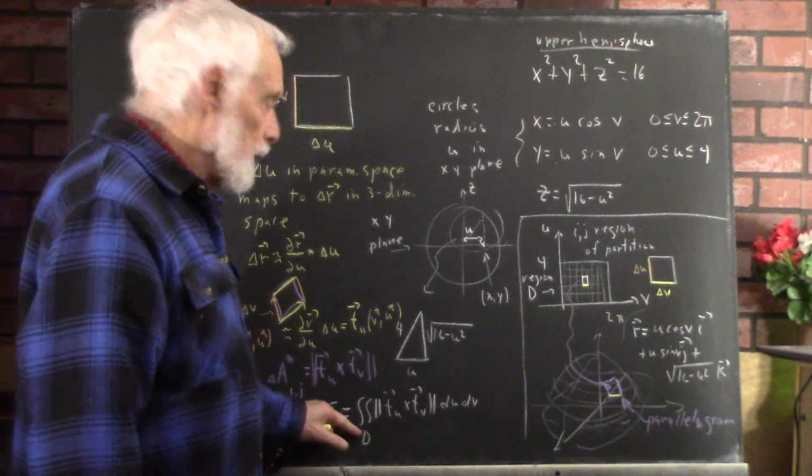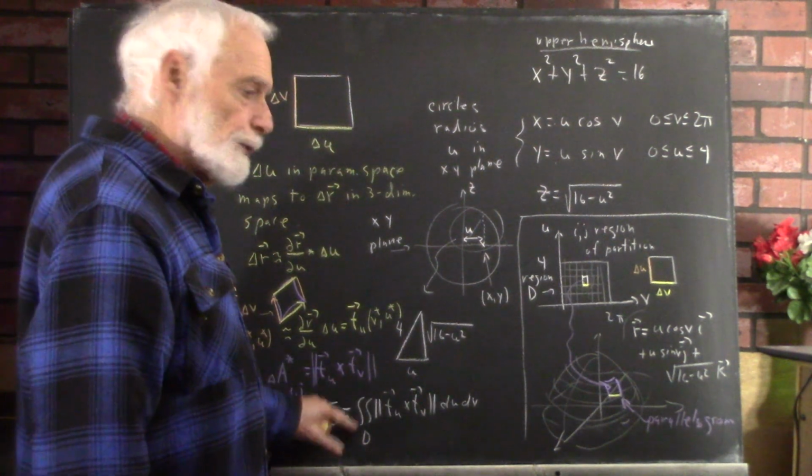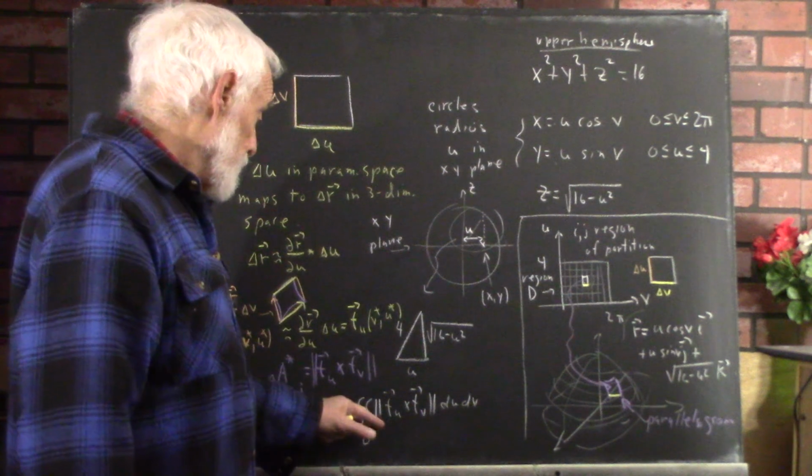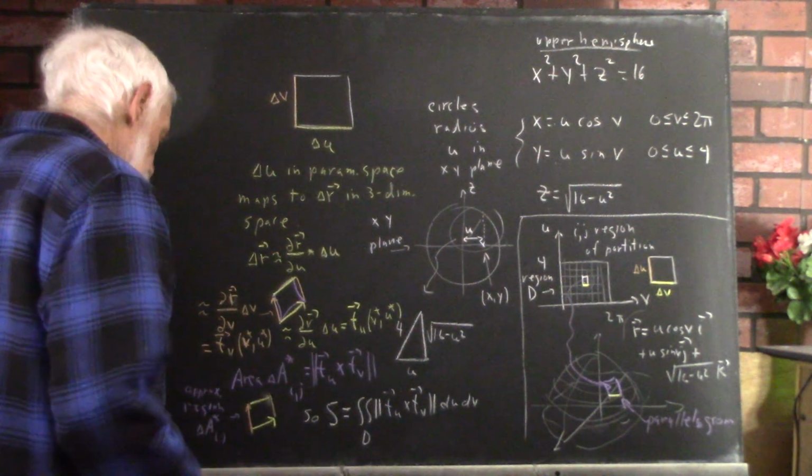And of course the limits here are just U goes from 0 to 4 and V goes from 0 to 2 pi. So that'll be a very simple integral. Okay, well that's a surface area.